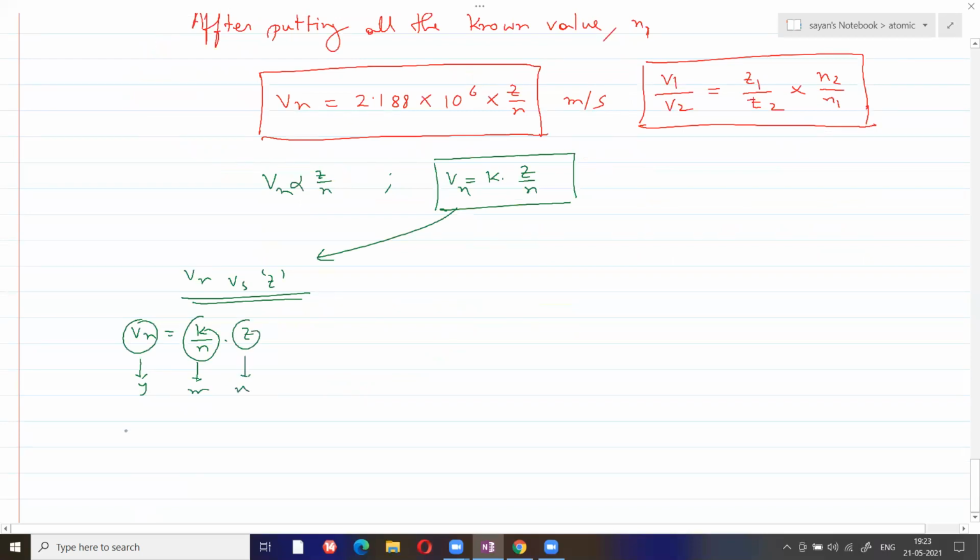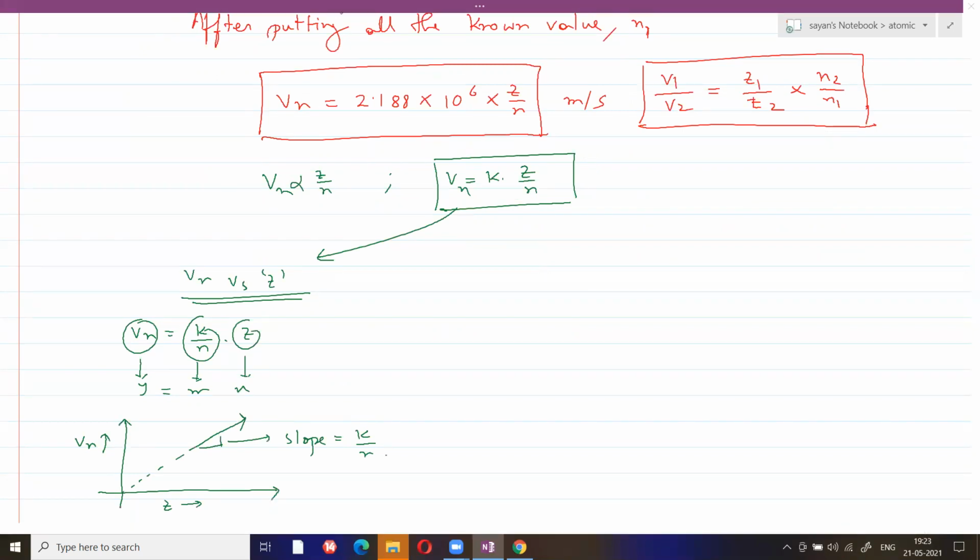So what is the y equals to mx graph? Nature of graph: straight line passing through origin. Vn versus z, slope is k by n. The first graph.